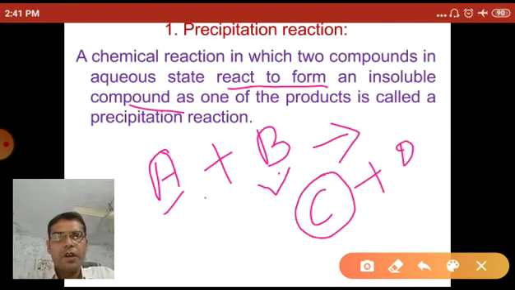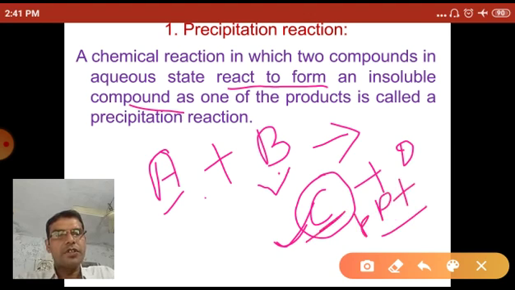Suppose C is insoluble in the solution. After the completion of the reaction, the C formed, which is insoluble in the solution, is called the precipitate, PPT, and this reaction is called a precipitation reaction.